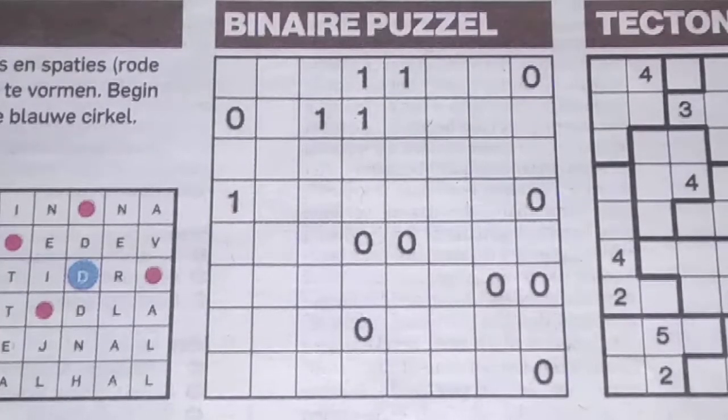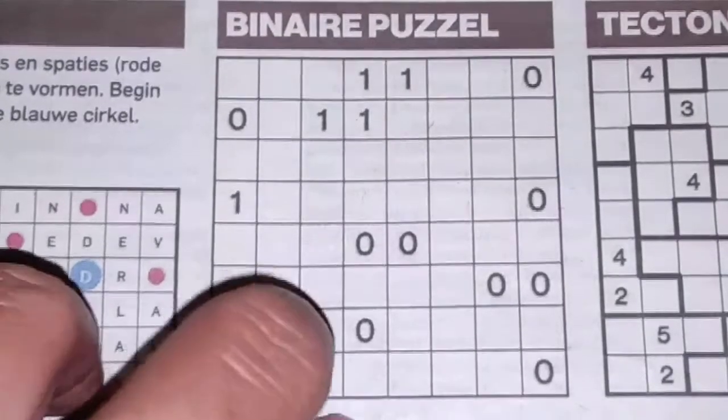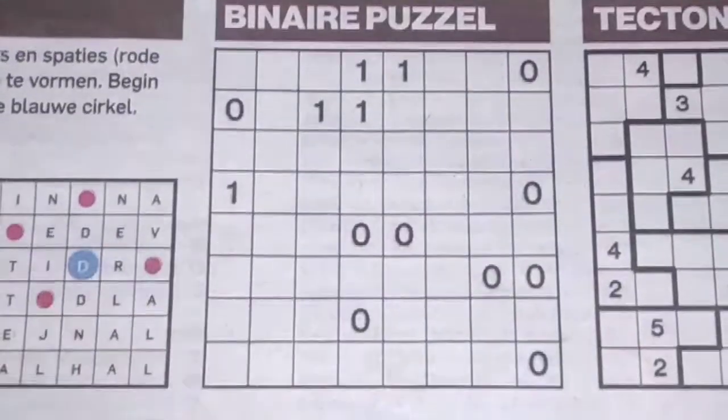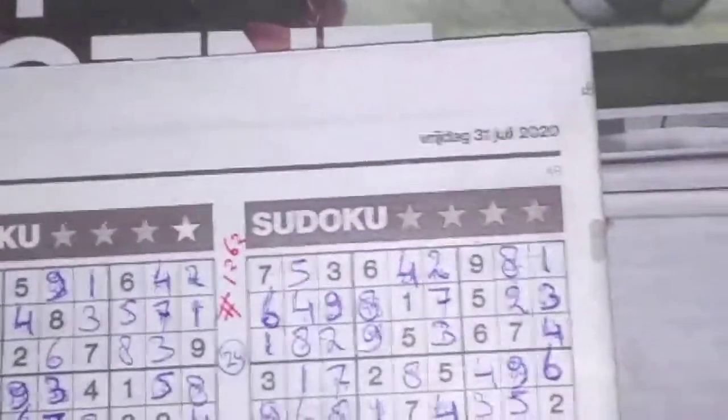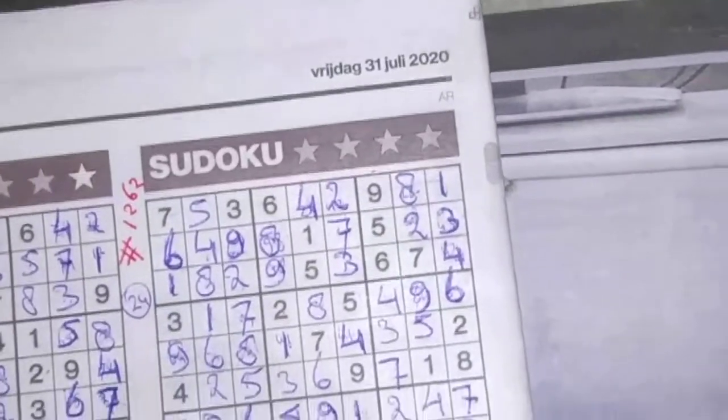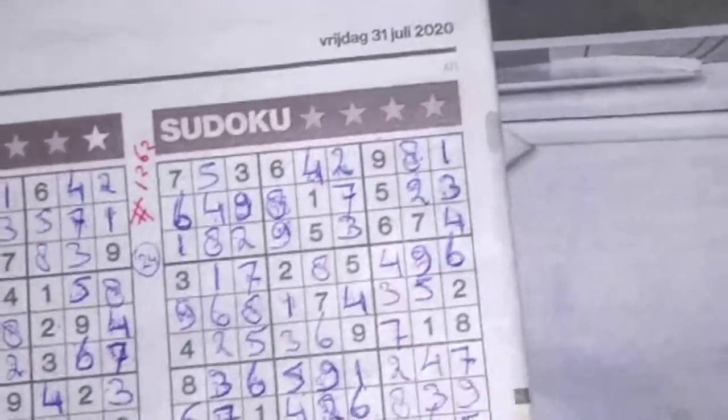Welcome back. In this additional episode with extra Sudokus of today's newspaper on Friday, yes, it's Friday, July the 31st, 2020, we have already solved 4 puzzles.